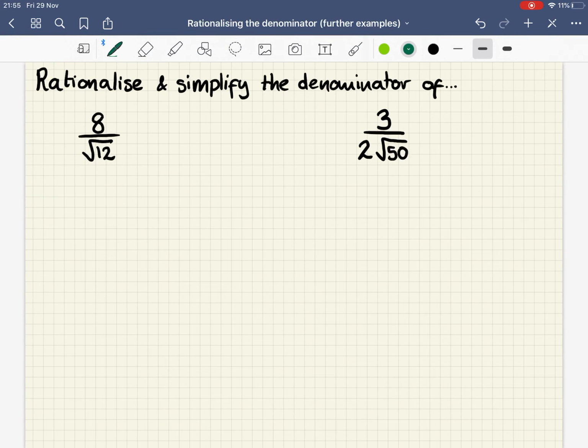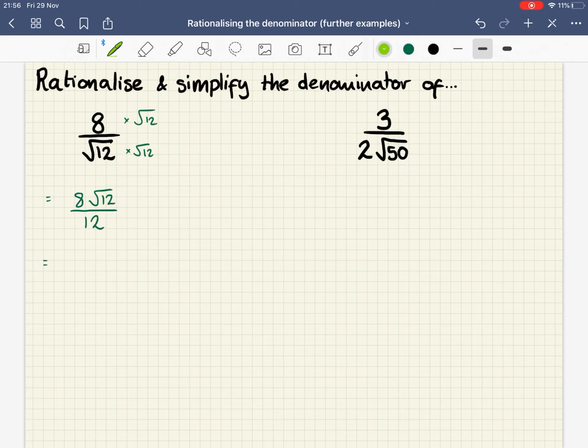Okay, so next one then. Same question again. This time I have 8 over root 12. So I'm going to multiply the top and the bottom by that root 12. Now some of you may have clocked that root 12 I used a lot in my simplifying videos, and it is a surd that simplifies.